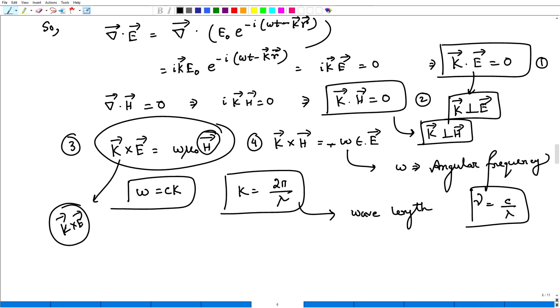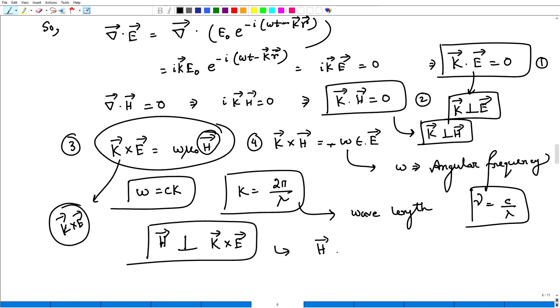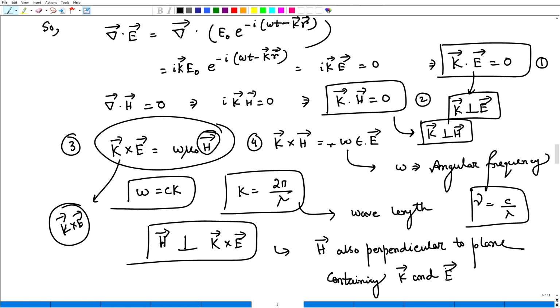The direction of this k cross E is in the direction of the magnetic field H. So from here we can write that the H vector, the magnetic field, is perpendicular to k times E. So we can say that H is also perpendicular to the plane containing k and E.